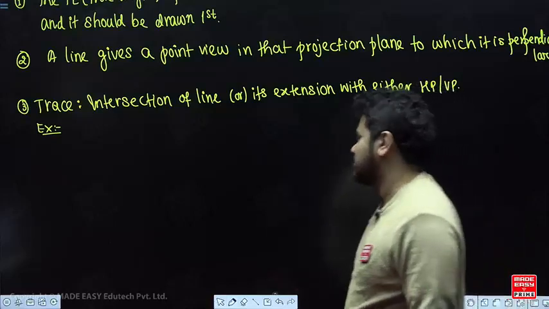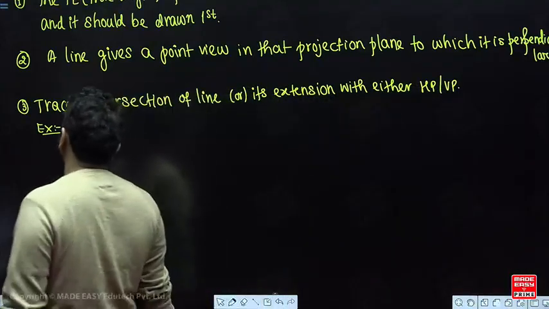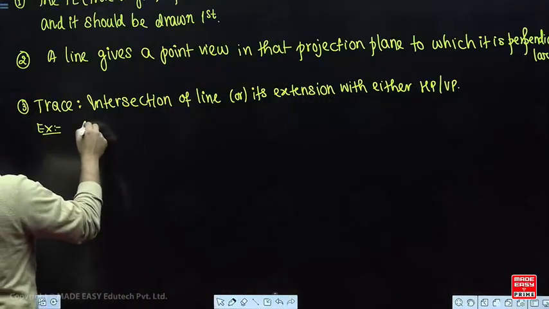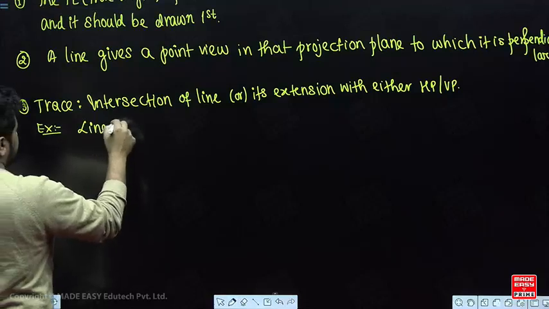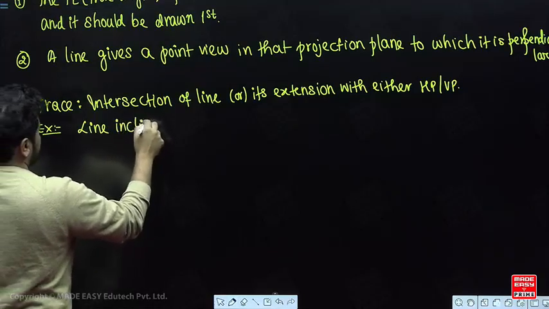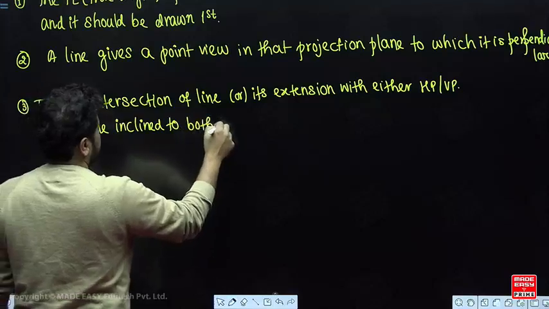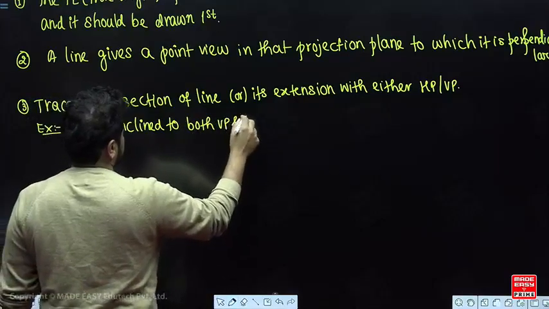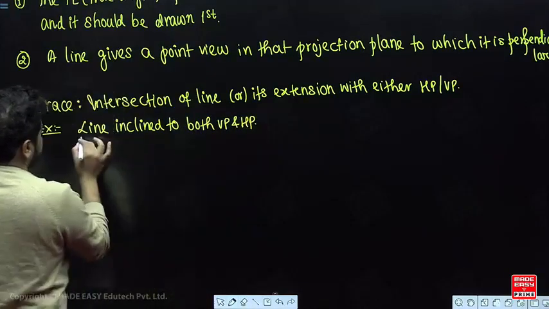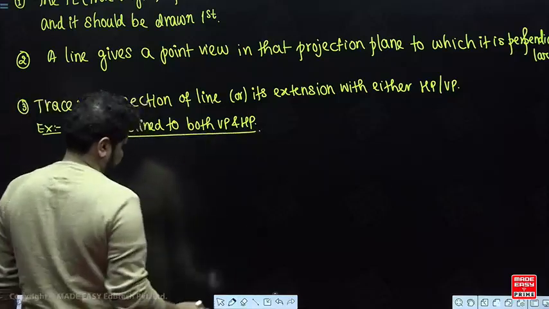So let us understand the trace, right. So I will take an example. What is the example? So line inclined to both VP and HP. Line inclined to both VP and HP.